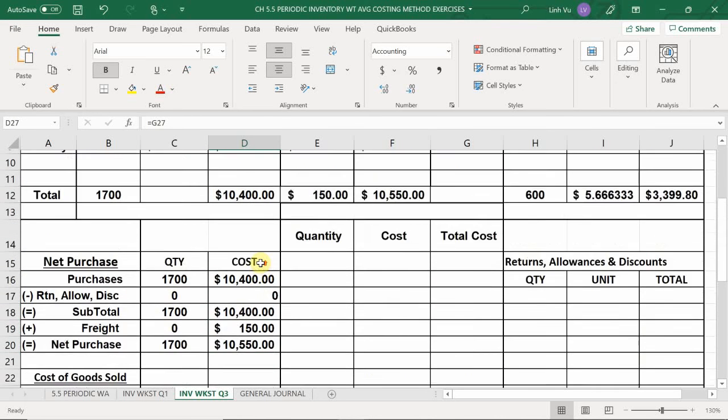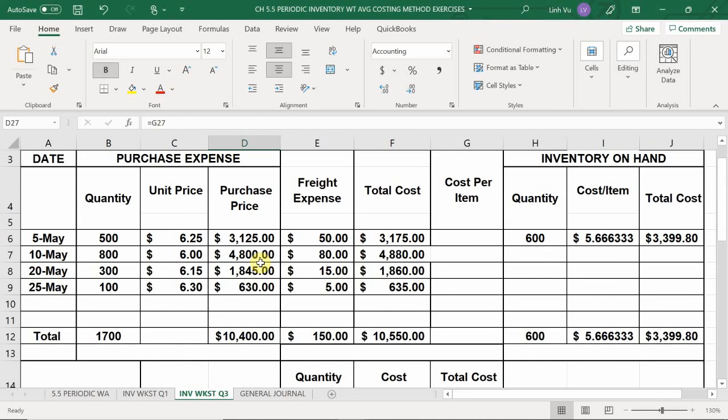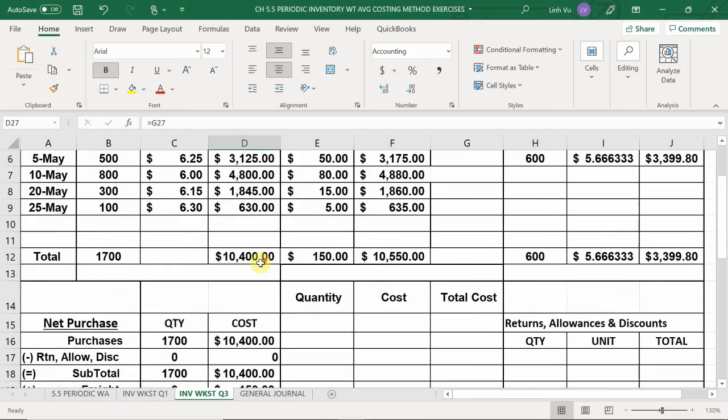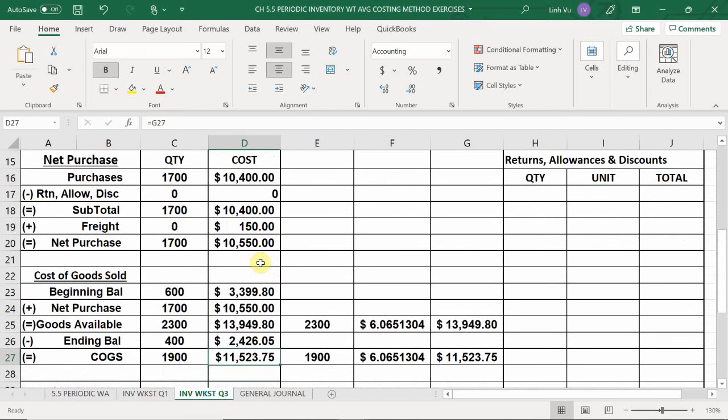Any questions here? Nah. Okay, so again, this is going to be one of the more simplest, it is the simplest type of costing method, right? You don't need to keep track of which batch came first, which batch came last.